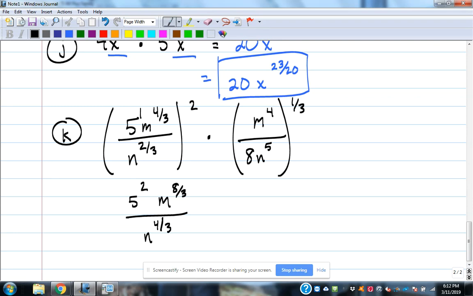Let's do the same thing to the second fraction so that we get rid of those parentheses again. I got a fraction exponent this time. So m to the 4/1 times 1/3 would be 4 over 3.